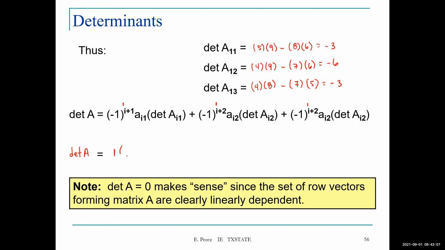So that will be 1 times the value of A11 times the determinant minus 3, plus, this is going to be negative, minus 1 times A12, which is 2, times the determinant minus 6, plus, it's going to be positive 1 times 3 times minus 3.